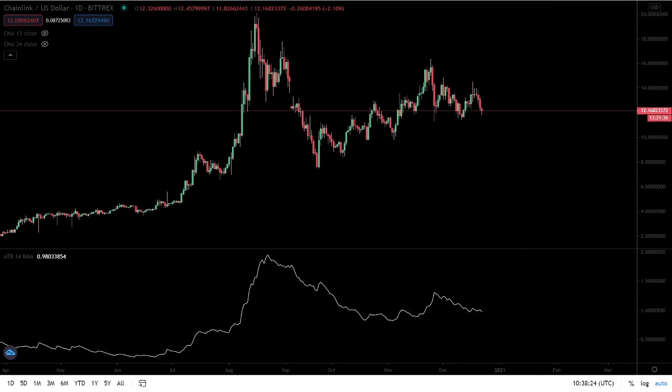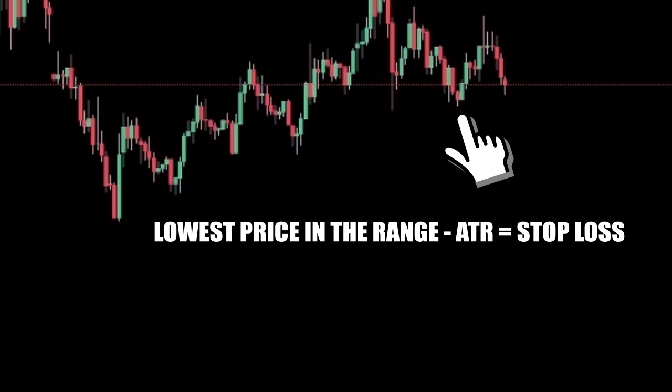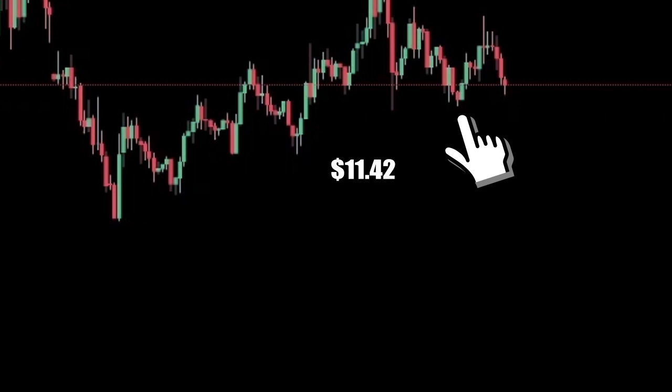So what we're going to do is take the lowest and most recent price in this range minus the value given by the ATR. In this case, this lower wick is our lowest value, and it is equal to $11.42.